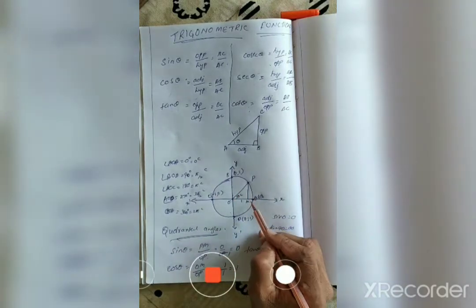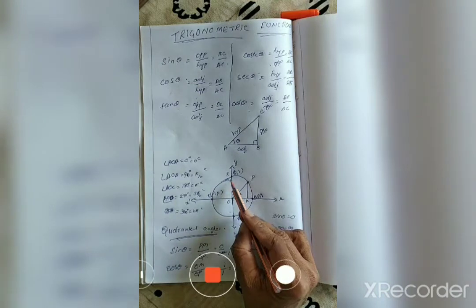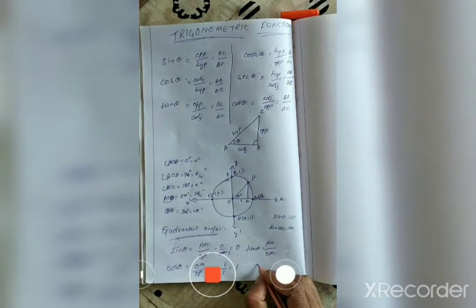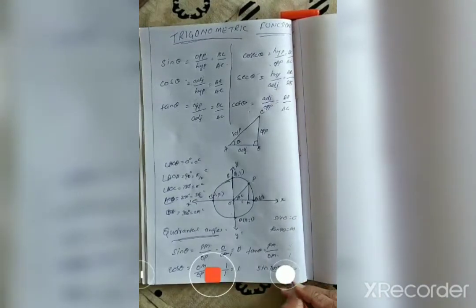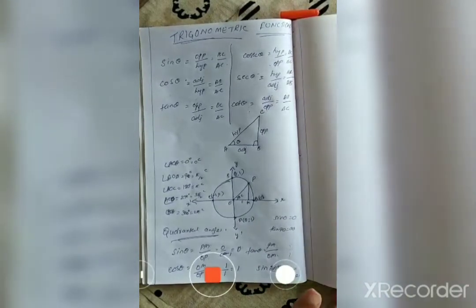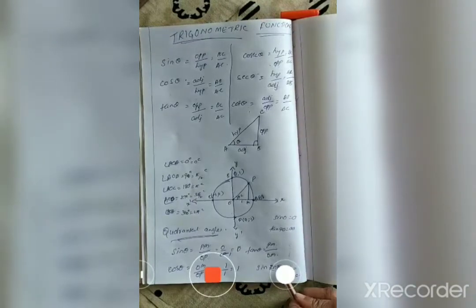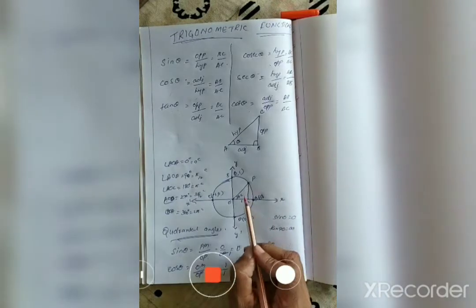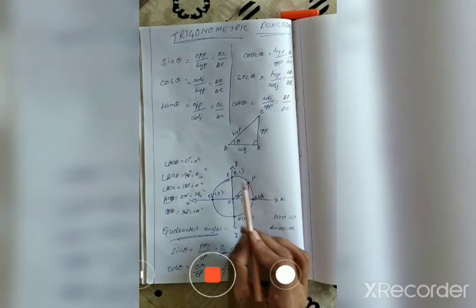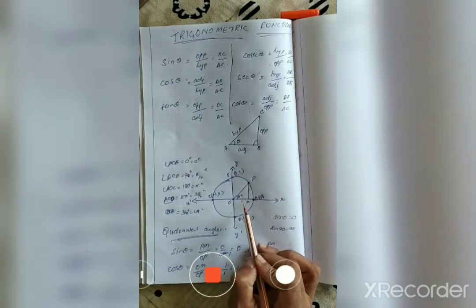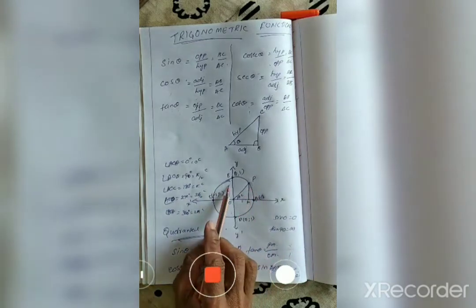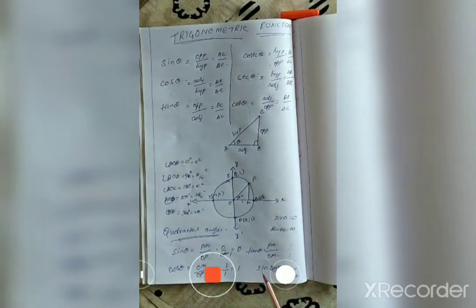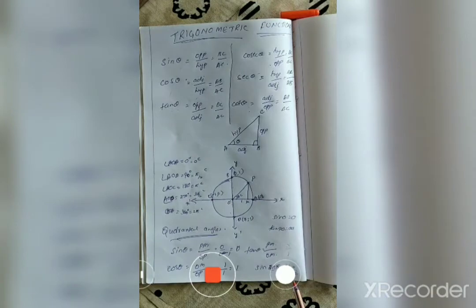Because it comes over here, sine of 2n pi plus theta is defined as sine theta. Cos of 2n pi plus theta, means multiples of 360 plus theta. Multiples of 360 means 1 into 360, 2 into 360, 3 into 360, and so on, plus whatever the angle defined there. That gives you the same as the sine of that angle.